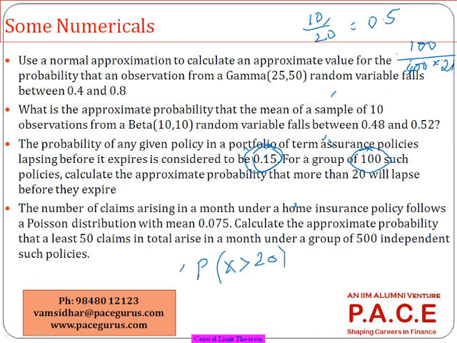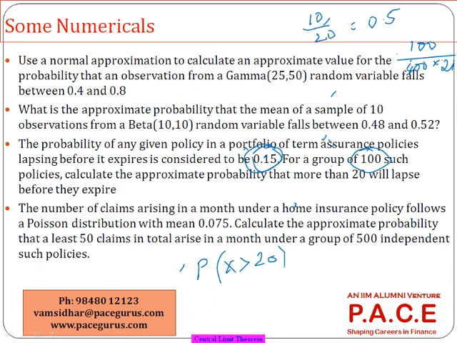It would have been a binomial distribution case where probably I find out for 20, 21, 22, all those, right? 20 will not be there, more than 20 will lapse. So from 21 to 100, you have to find out the probabilities. Or on the other side, find out from 0 to 20 and subtract it from 1. Both are tedious processes if I am going with a binomial distribution.